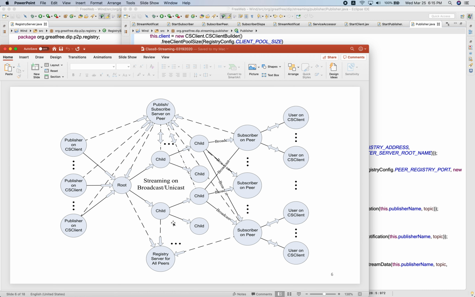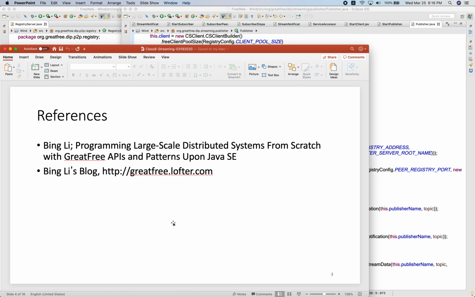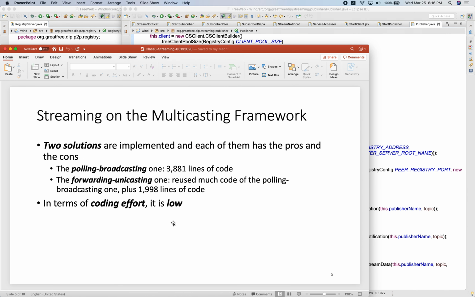That's true. If you use the traditional approach, using mainstream programming languages such as C, C++, Java, or C#, it's very difficult to implement such a system. However, using my approach, the project is only 3,881 lines of code.